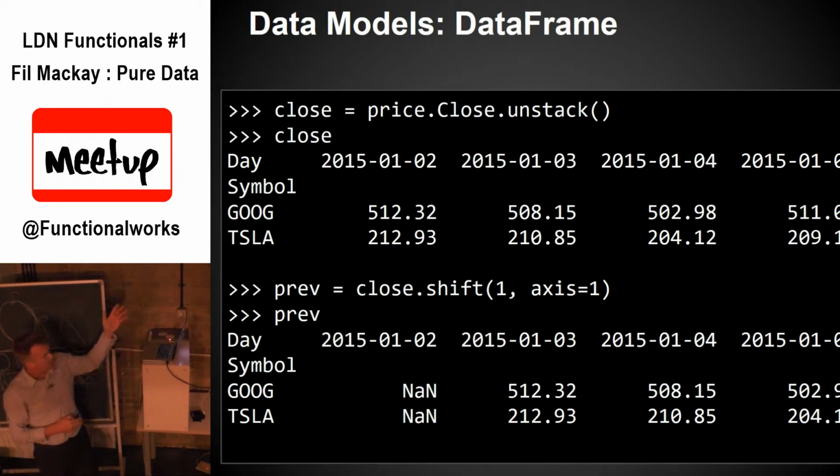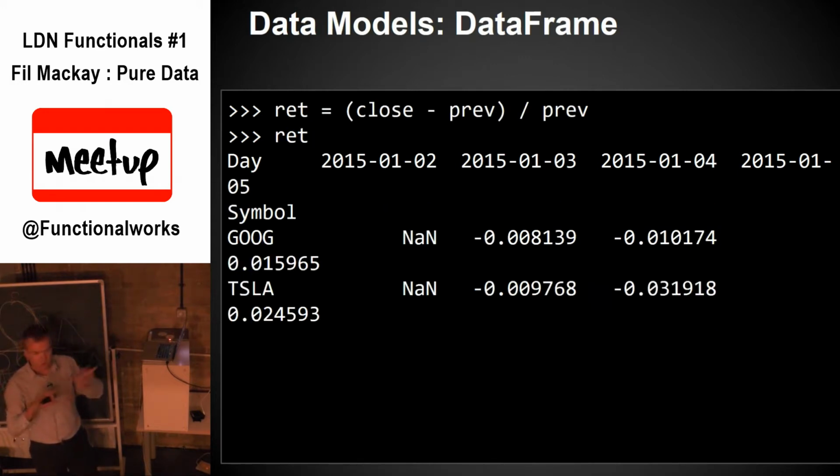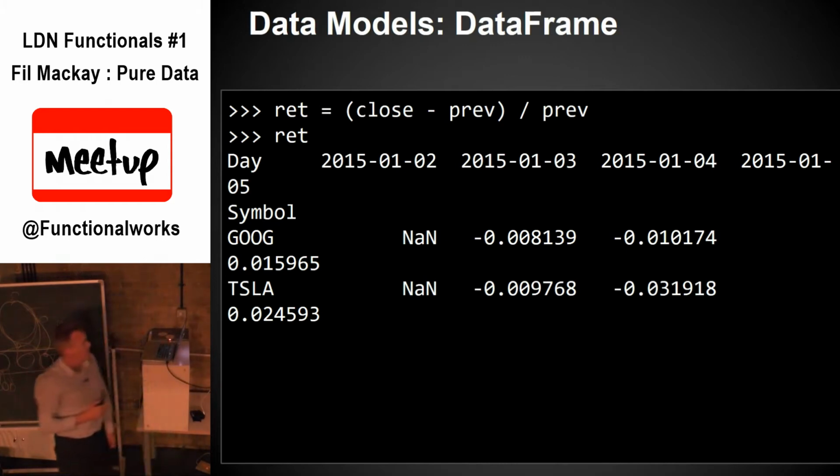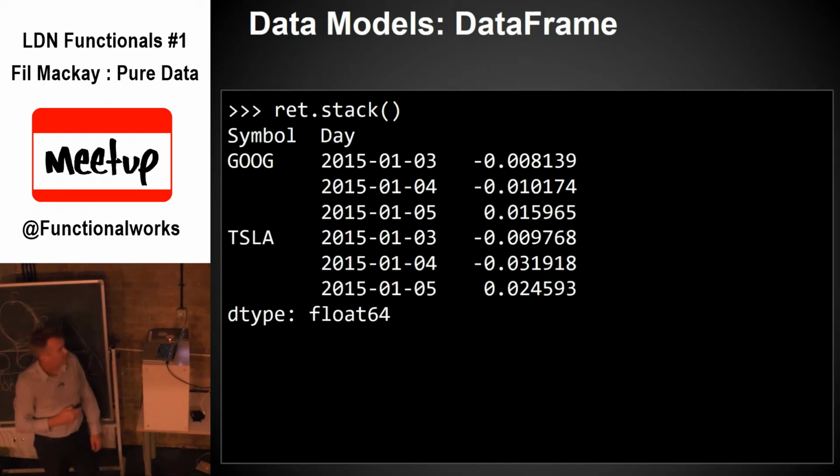Whereas putting it into this style of data frame allows each stock, each company to be calculated separately, so they don't contaminate one another. So that's a calculation there. We're saying the return is the closing price minus the previous price divided by the previous price, and then that's the data frame we get out.